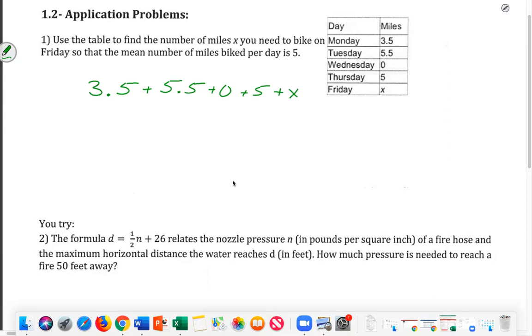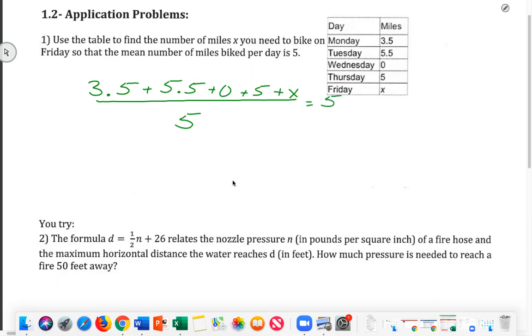Now, we're going to add all of those up, and then we have to divide by how many we have, right? How many days are there? 5. So I'm going to divide this by 5. And it says I want the mean to be equal to 5.